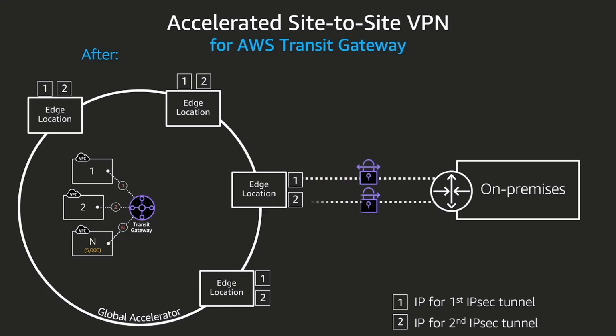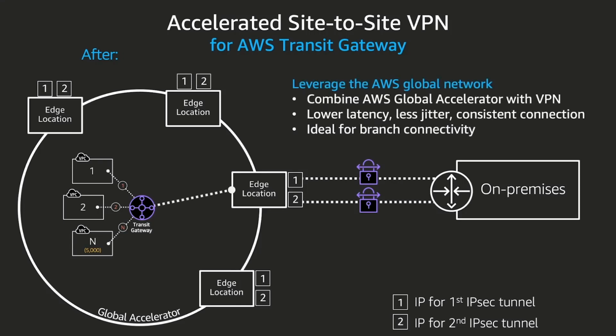And now when you connect from your on-premises, you're actually going to an edge location that's close to you. And so what happens then is we're using the AWS global network from the edge location to the Transit Gateway. And so we capacity manage our backbone and a whole bunch of other good stuff, as opposed to you just going over the native internet.